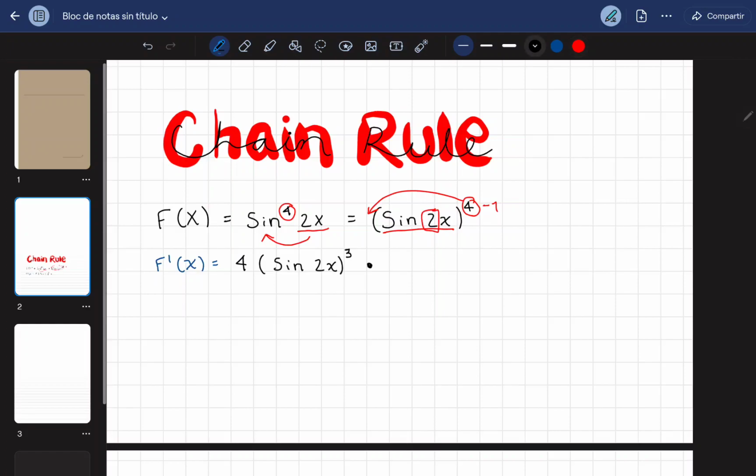So we say the derivative of the sine of 2x, which is cosine of 2x, and this is multiplying the derivative of 2x of the angle, which is 2. So it goes from the outside, from the bigger derivative, to the inside, to the smallest one.